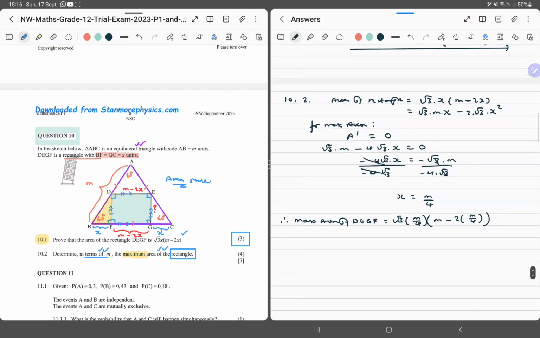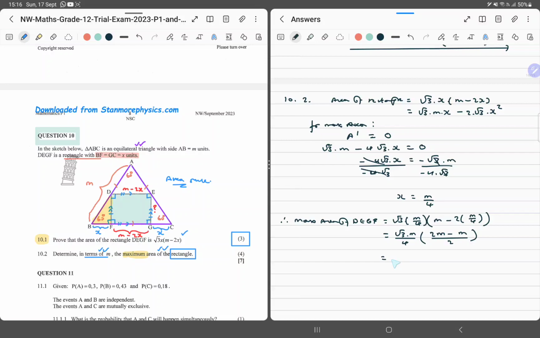Okay, good. So let's simplify here. This is going to be root 3 times m over 4 here. All of this, we can sort this out. It's going to be m over 2. So this is going to be 2m minus m over 2 here.